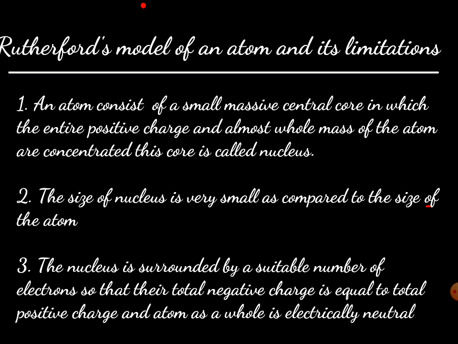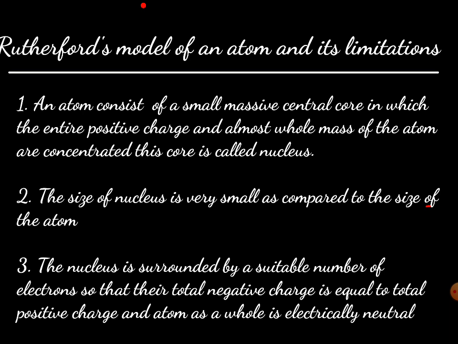So the atomic model of Rutherford says that the atom consists of a small, massive central core in which the entire positive charge and almost the whole mass of the atom are concentrated, and that is the nucleus.